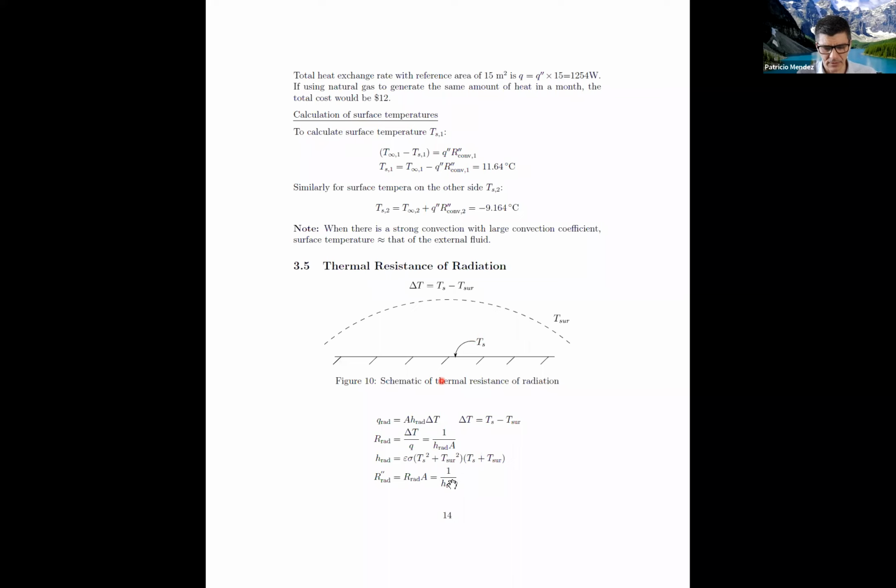And in that case, the resistance of radiation per unit area would be 1 over h of radiation. The physics, completely different. The mathematics are the same, and that's convenient. So now we have defined resistances for conduction through a wall, for convection, and for radiation.